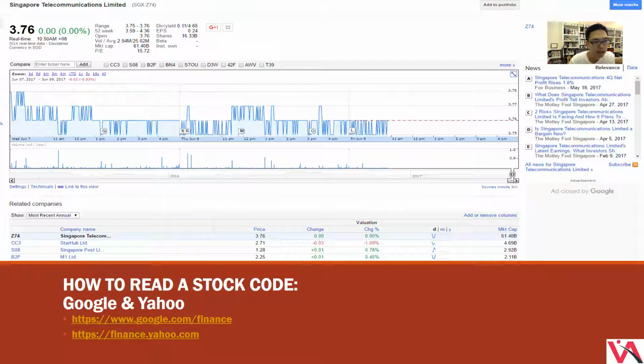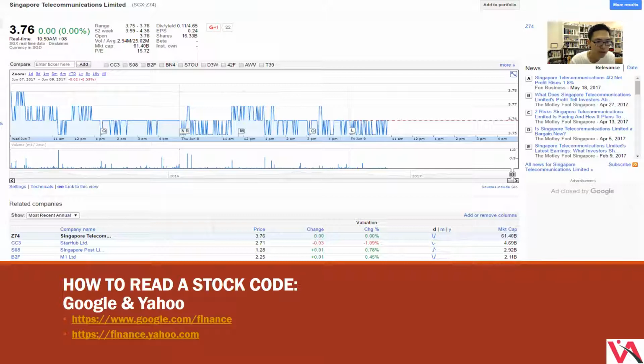And the PE is the price to earning ratio of the company, and Google Finance has it at 15.72. Bear in mind the data from Google Finance or Yahoo Finance is not always accurate.